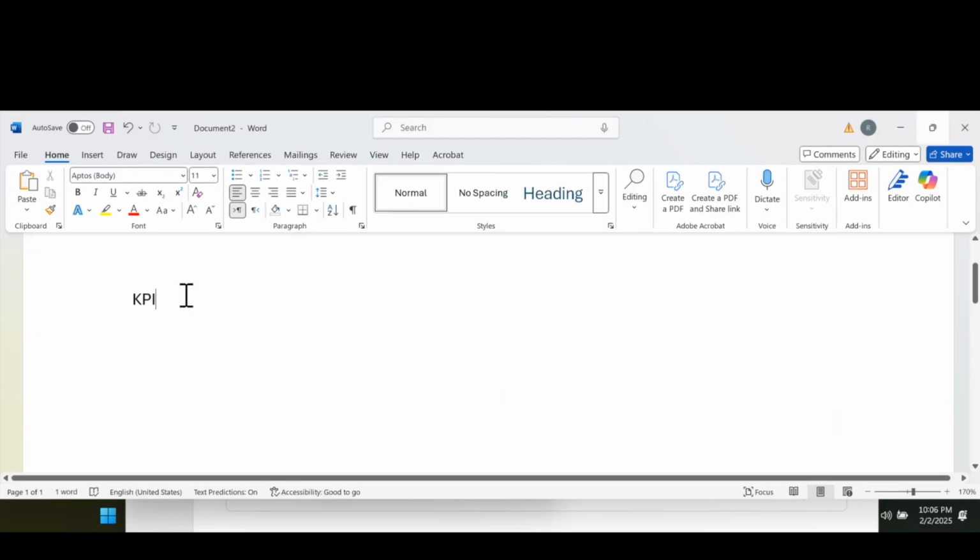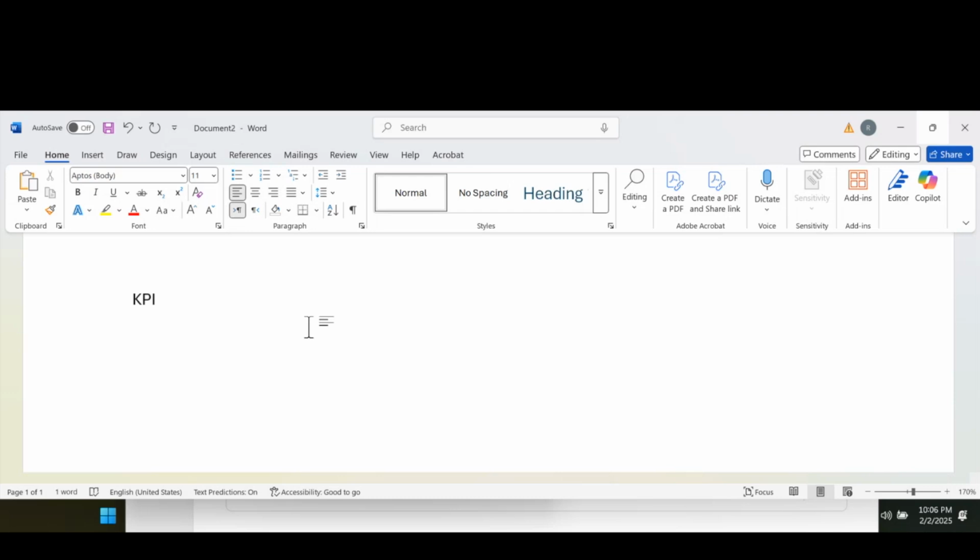What I'm looking for, I want you to create a KPI, let me be more specific, an information security KPI framework. Framework means we need to have 10 KPIs.